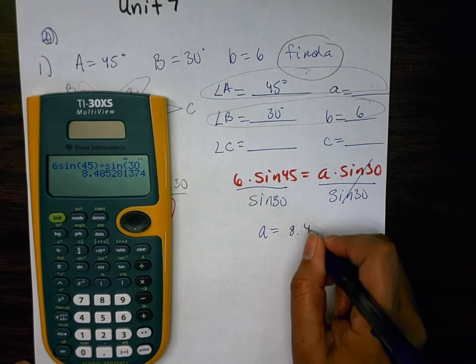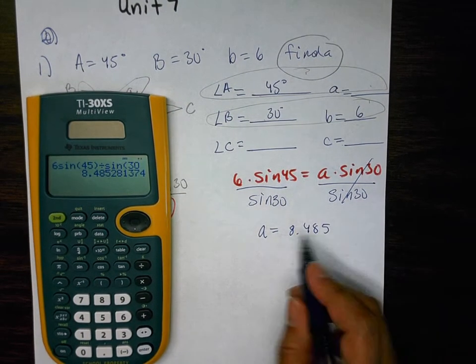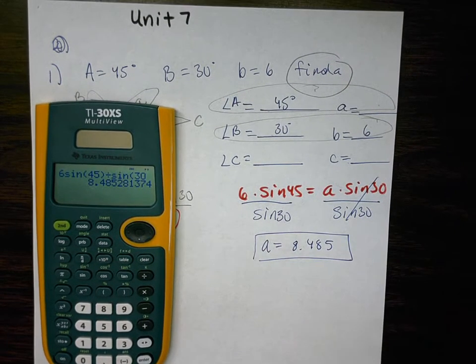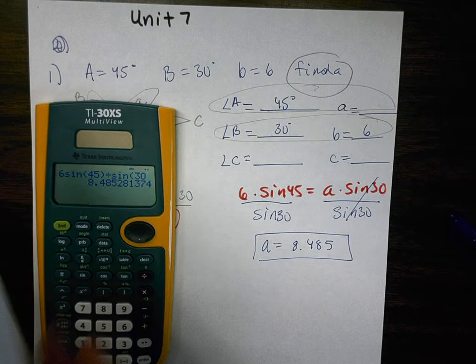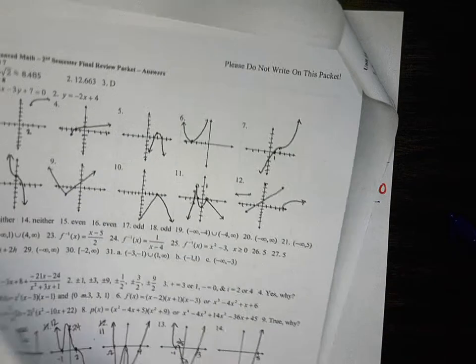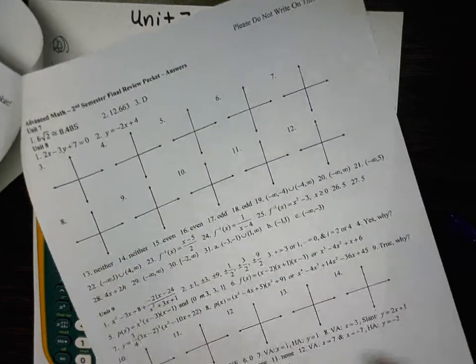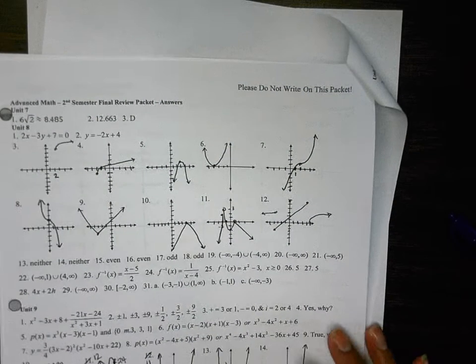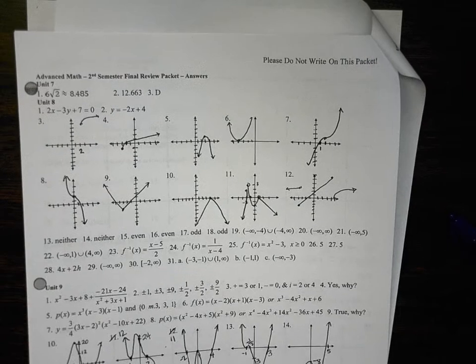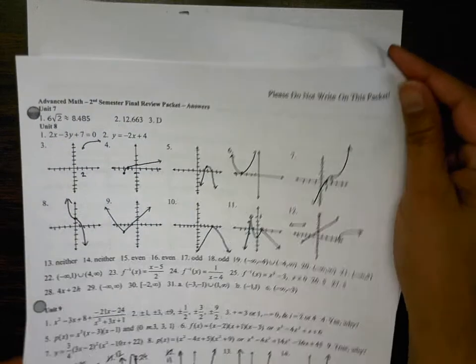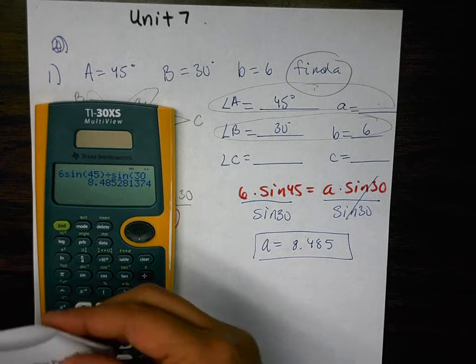All right, 3 decimal places, what do we get? 8.485. Questions? Now, make sure you're checking answers. The page before this does have the answer at the top, but it doesn't have the graphs. So again, that was printed accidentally. This is the answer page that you should be looking at. And it's 8.485.